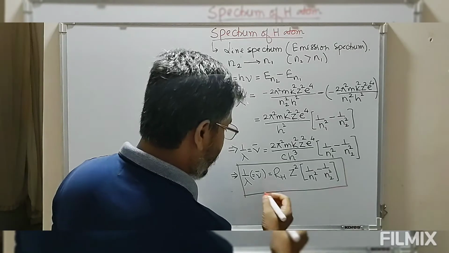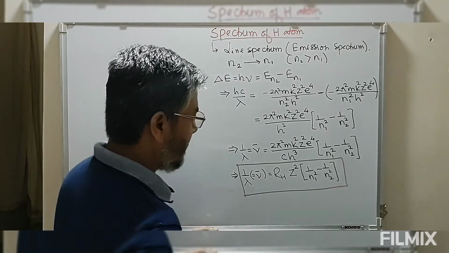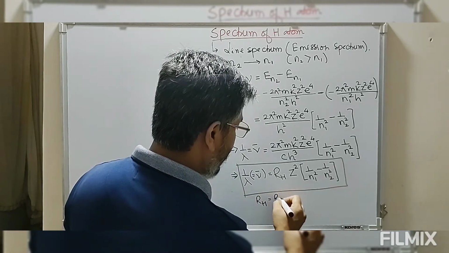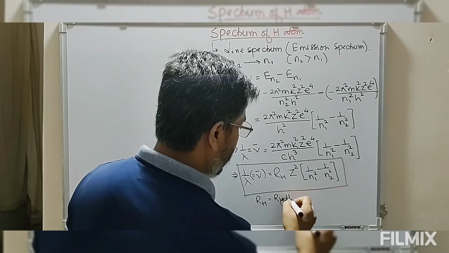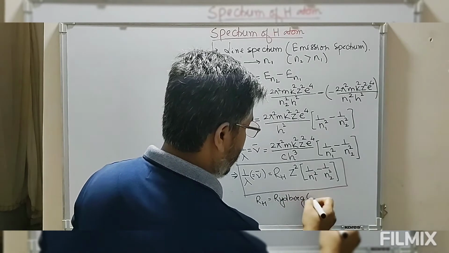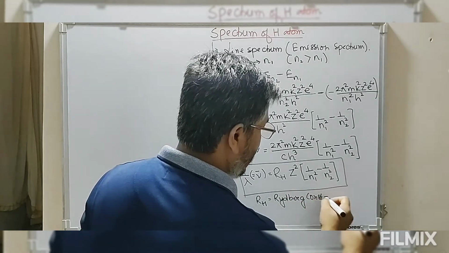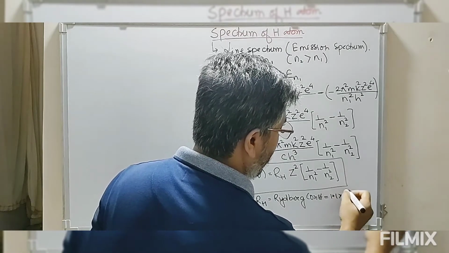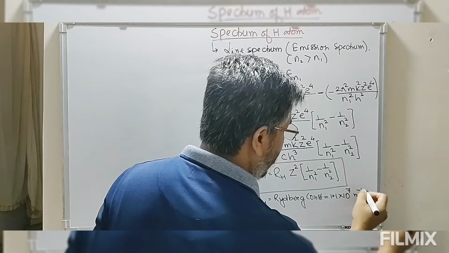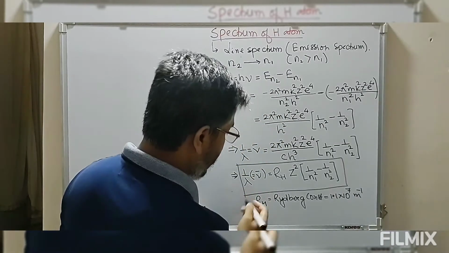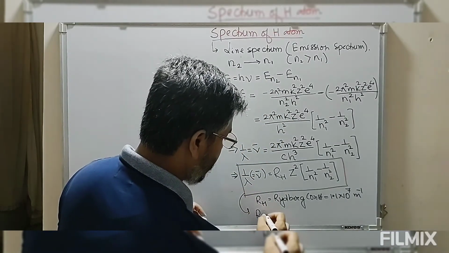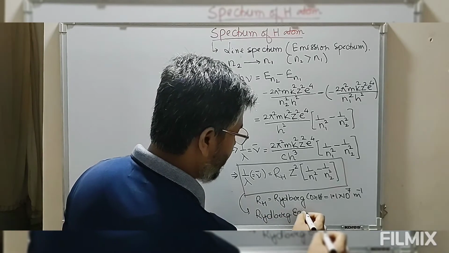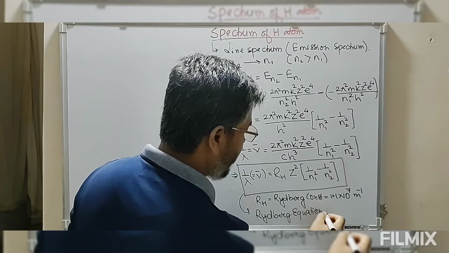What is R_H? R_H is known as the Rydberg constant, and it has a value of 1.1 into 10 to the power 7 meter inverse, and the equation is known as the Rydberg equation.